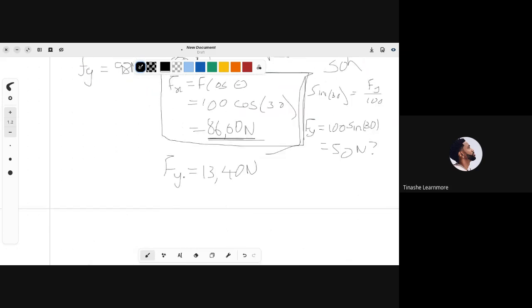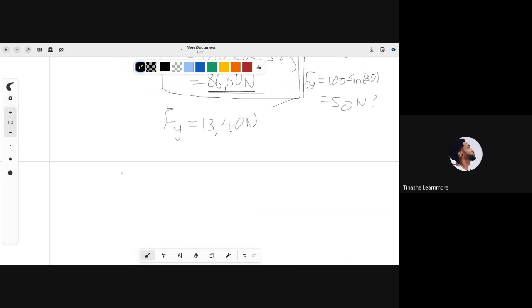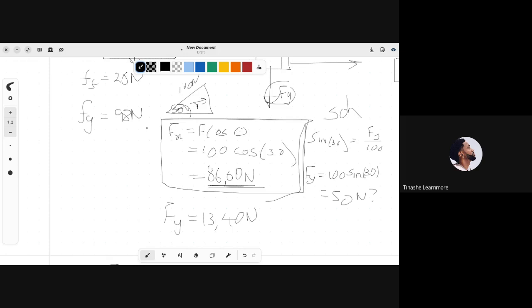So the y component plus the normal force must be equal to Fg. The y component I found to be 40, and the normal force, I've got no idea. But then gravitational acceleration was found to be 9.8.